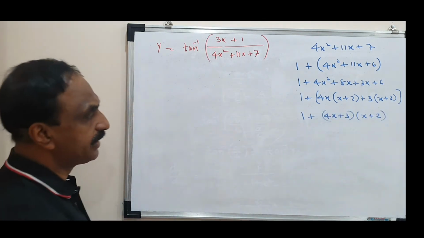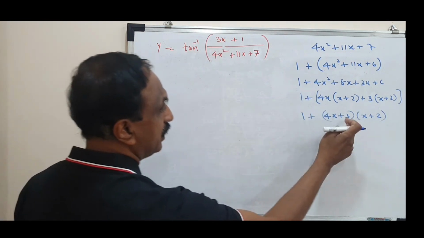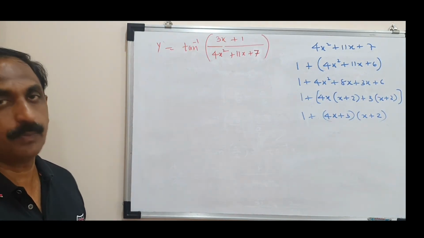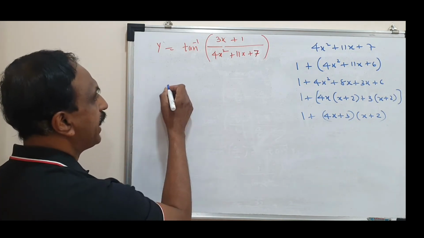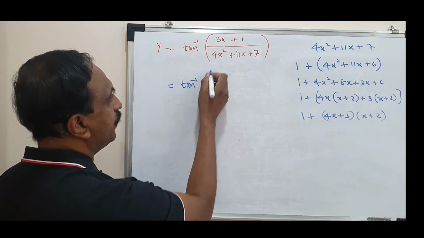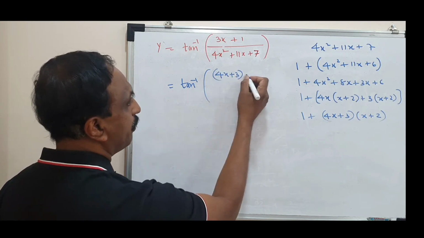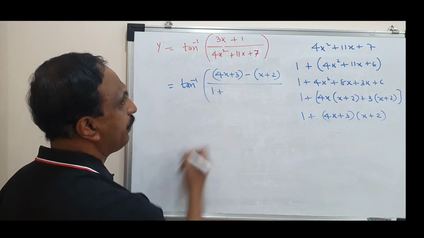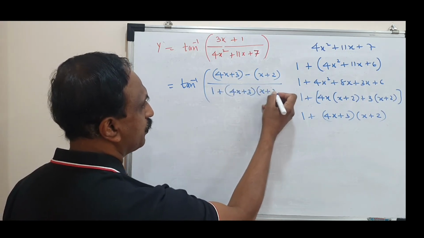And you will notice that their difference, 4x minus x is 3x and 3 minus 2 is 1. It will perfectly match. If it is not perfectly matched, you cannot do by this method. So it will match. So we will be writing this as tan inverse of numerator 4x plus 3 minus x plus 2, and denominator 1 plus 4x plus 3 into x plus 2.